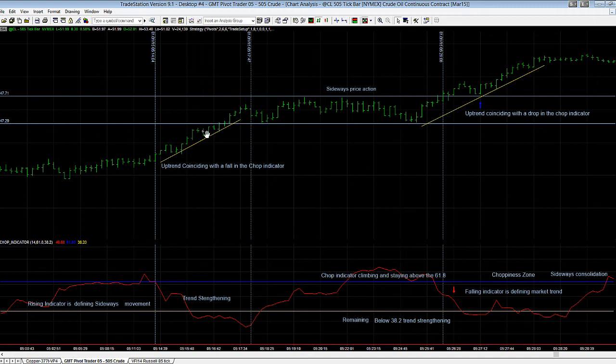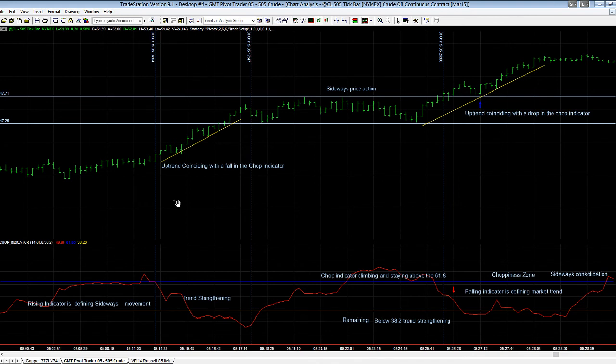And if I'm trading a trending system and it has a filter to allow me to take trades when this indicator is falling away or moving towards that 38.2 level, that's a great thing for my strategy, because I've got a higher probability of being in a market that provides a trending environment that suits my strategy. So it's really about identifying what kind of market you're in and applying the right strategy to it. We want to do that automatically as part of our strategy automation.